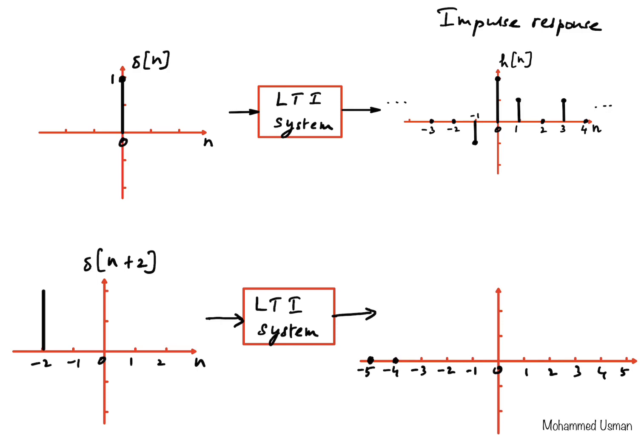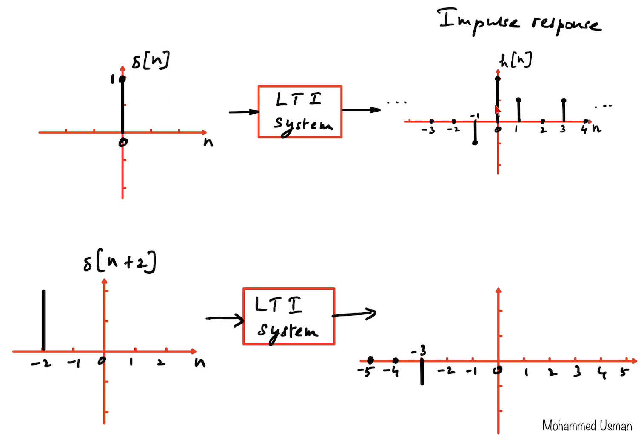So let me erase this. I'm going to draw the line first and then write the sample value. Whatever is occurring at -1 is now occurring at -3 because it is shifted to the left by 2 sample units. The value at 0 will occur at -2.